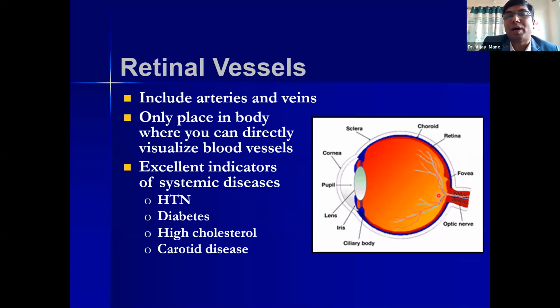A very important part of your eye is all these blood vessels. Like every other cell of your body, the eye also has its own cells, and all these cells require nourishment, blood and oxygen.